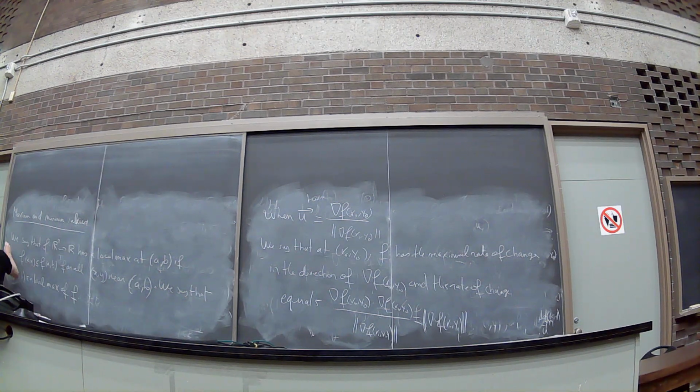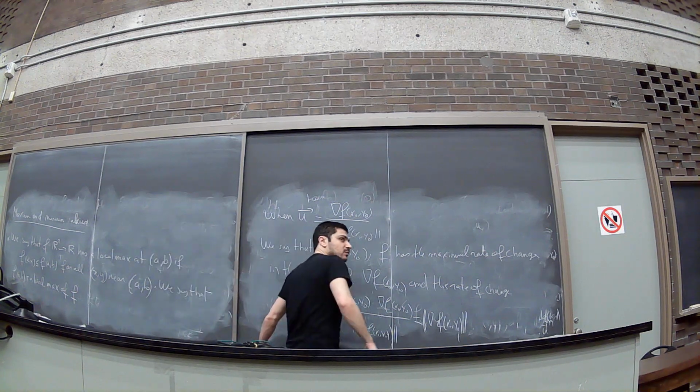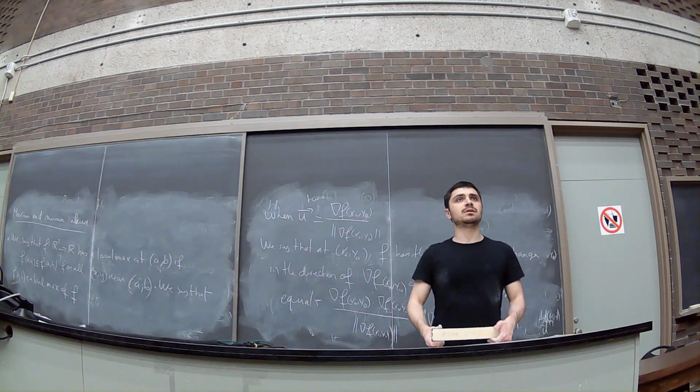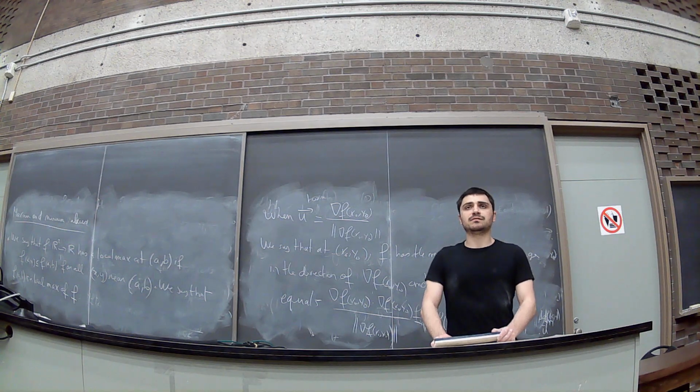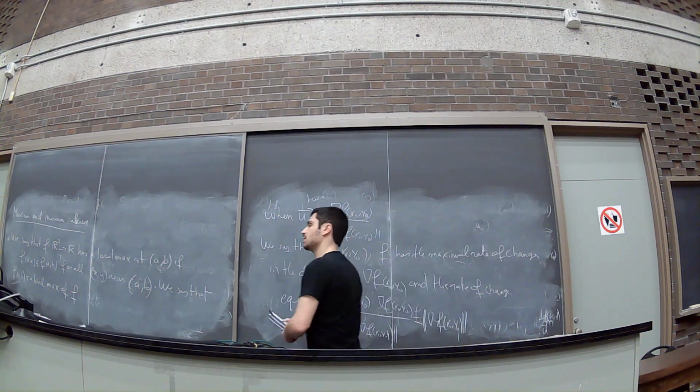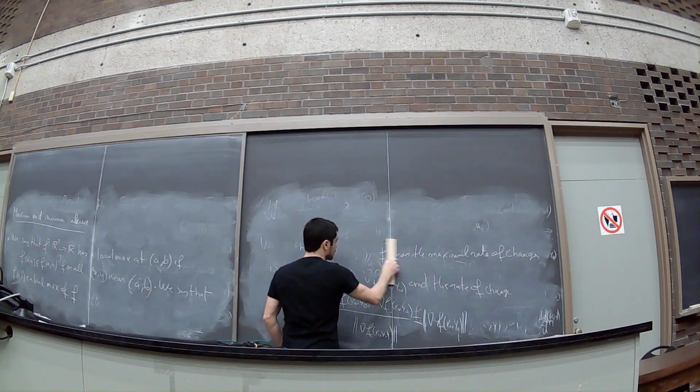Now, if for all (x, y), f(x, y) is less than or equal to f(a, b), what do you call f(a, b)? In Calc 1, if f(x) is less than or equal to f(c) for all x, what did you call f(c)? It starts with A. Absolute maximum, right? The same thing here. Just the definition.